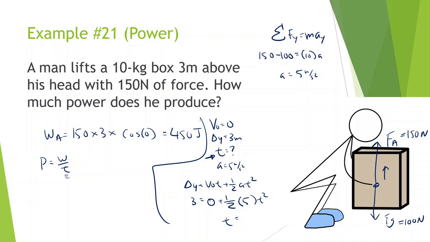We get t is equal to 1.1 seconds. So now we can plug this all in. Work is 450, time is 1.1, and we get 450 divided by 1.1, which is 409 watts.